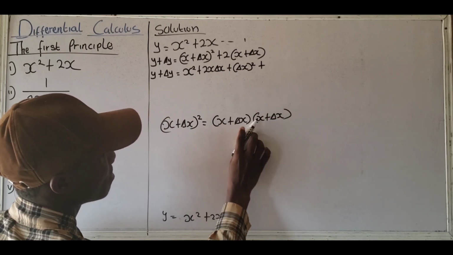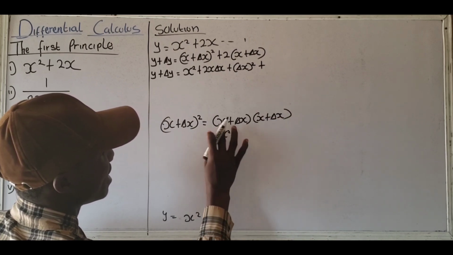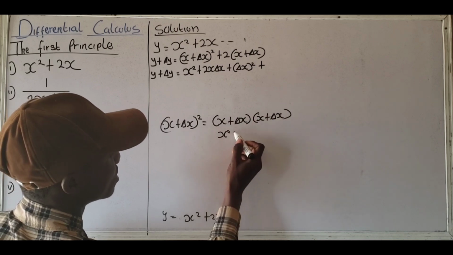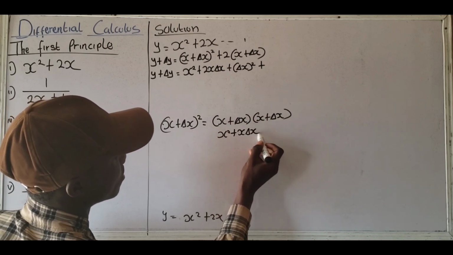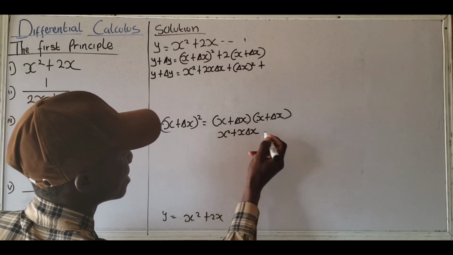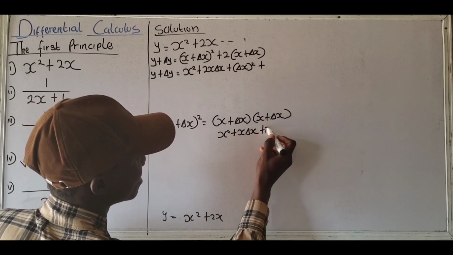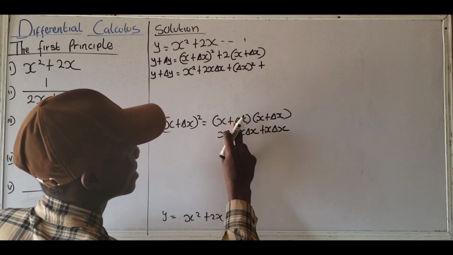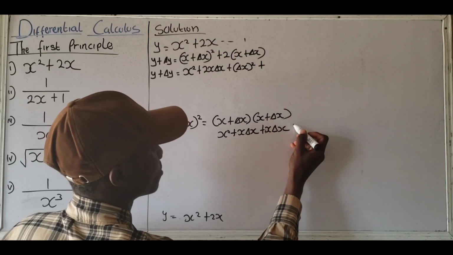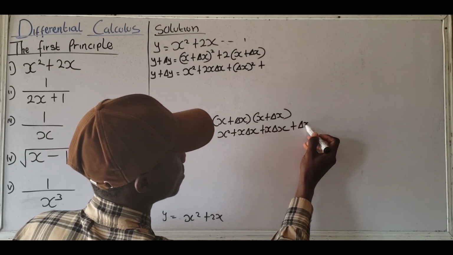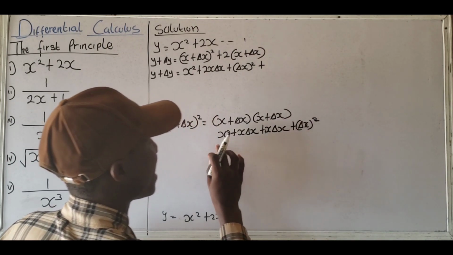Now, x multiplied by x, that is what? x squared. x multiplied by delta x, that is plus x delta x, you understand? Delta x multiplied by x, that is also plus x delta x. Then delta x multiplied by delta x will give us positive delta x squared, okay? So that is how I arrived at this.